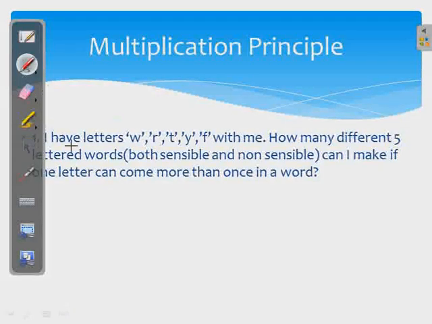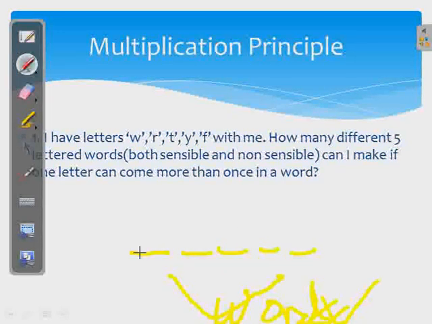Okay, so I have letters W, R, T, Y and F with me, and how many different 5-letter words, both sensible and non-sensible, can be made if one letter can come more than once in a word. So again, same as the previous one, we have 5 gaps to be filled to make a word. We can fill the first gap in 5 different ways, because there are 5 letters.